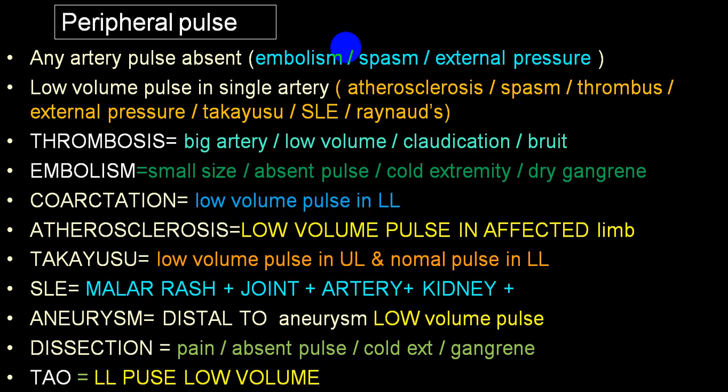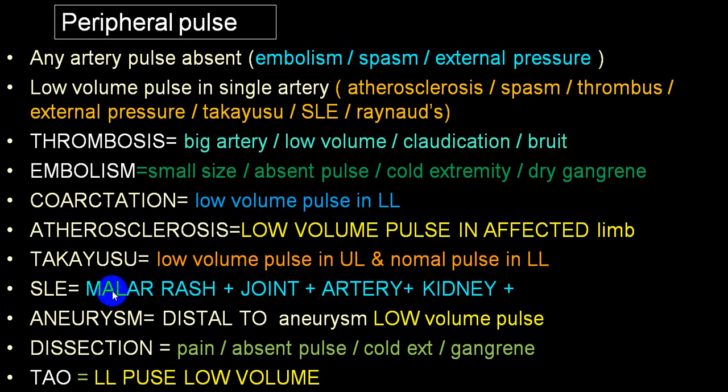In the right upper extremity you will have a large volume pulse, because the pressure in the right upper limb will be elevated, and both carotid pulses will be of good volume. But the left subclavian, which arises after the coarctation, in that particular artery the blood flow will be diminished, so the pulse will be of low volume and blood pressure will be low as compared to the right side.